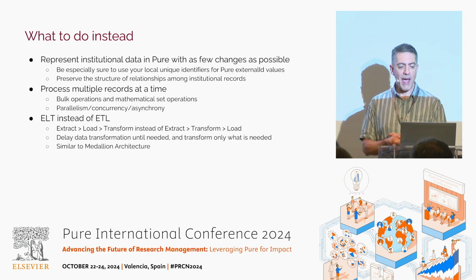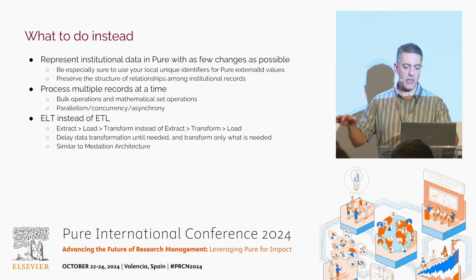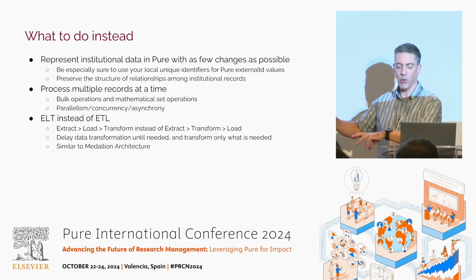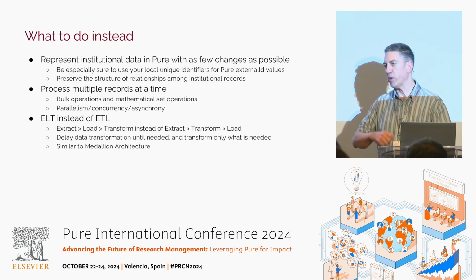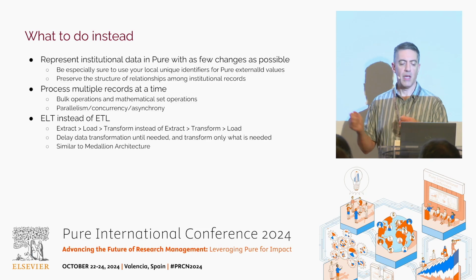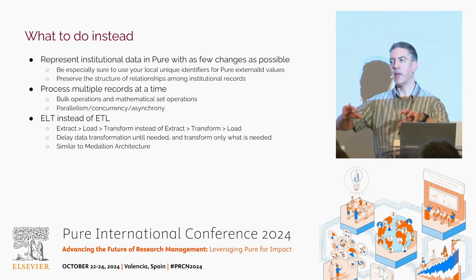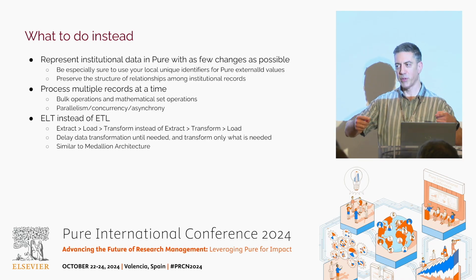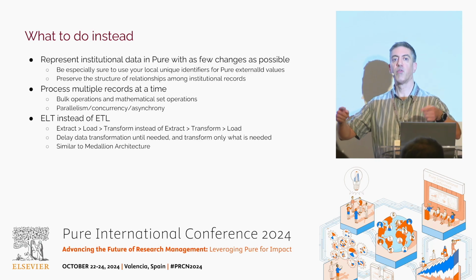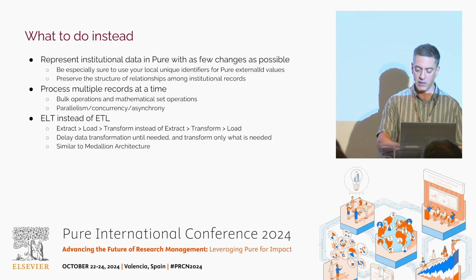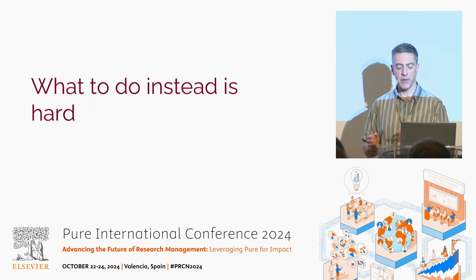In the industry, instead of the traditional extract, transform, and load, essentially what we're doing is extracting the data using the APIs and then loading it without changing it. That decouples the transformation from the loading and makes the loading a lot simpler. We can be more sure that it succeeds, and then we can transform the data later, as we need to. I'll talk a little more about how we do that later.